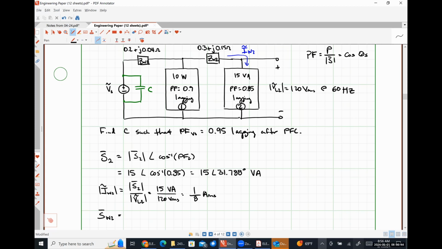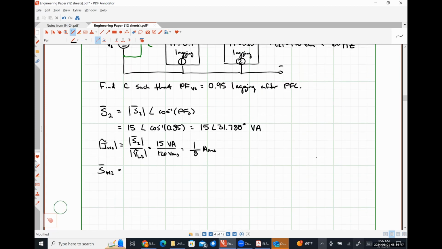Now that we know the magnitude of that current, the total complex power absorbed by that impedance is going to be the magnitude of the current squared times the impedance, right?